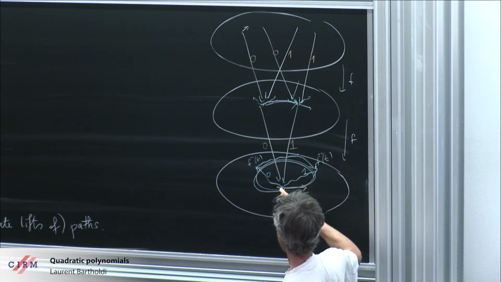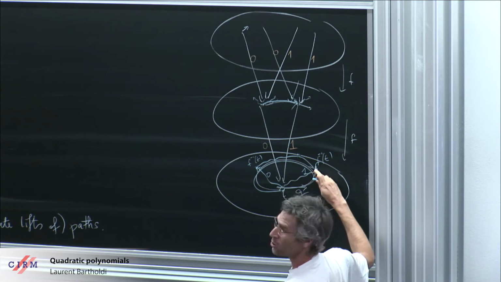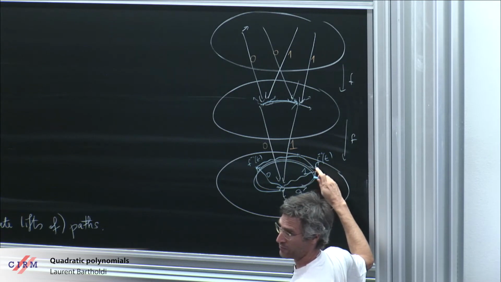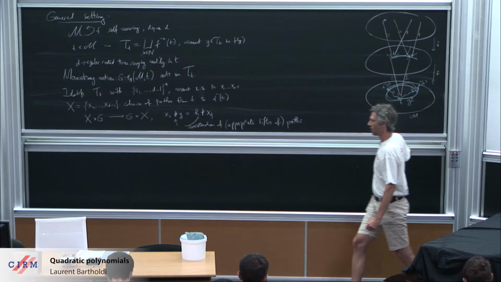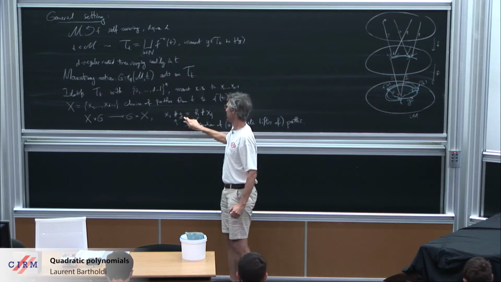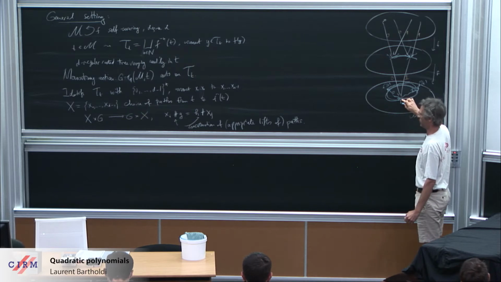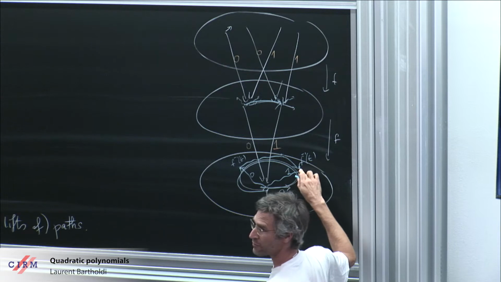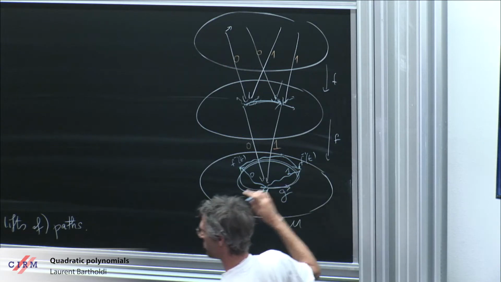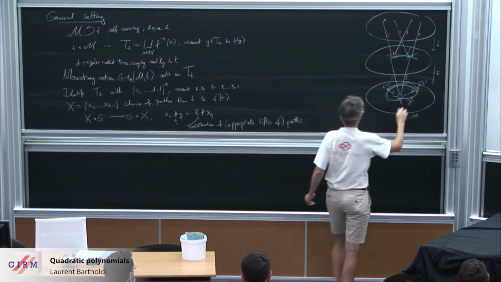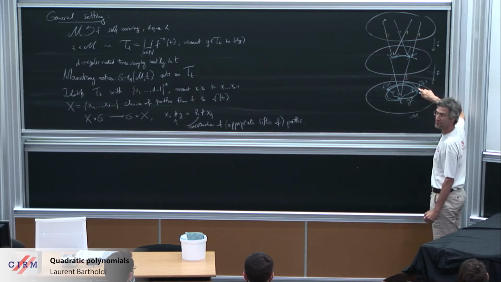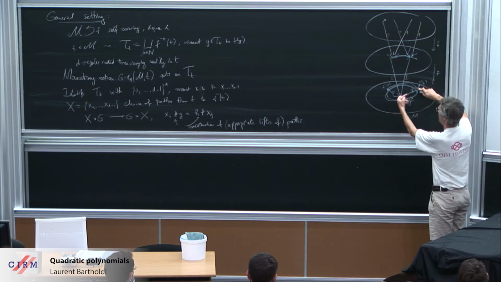And now this is a path from T to a preimage of t. And there's a unique way of writing it as some loop at t followed by a path from t to that preimage. So the choice of j here is dictated by where this lift of g stops. It has to be this one.